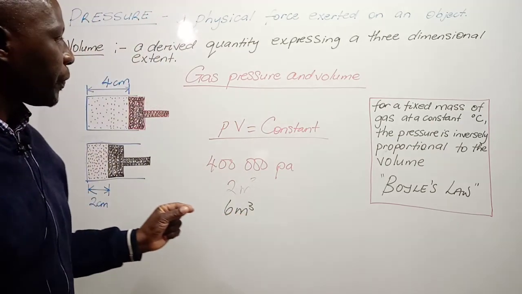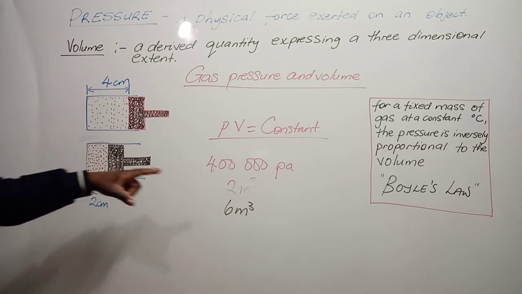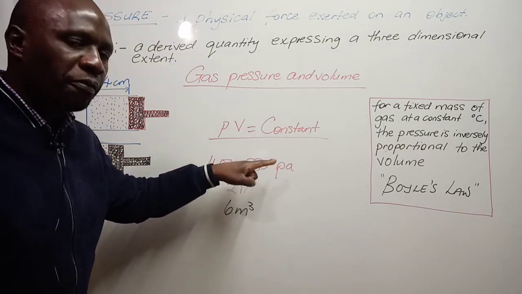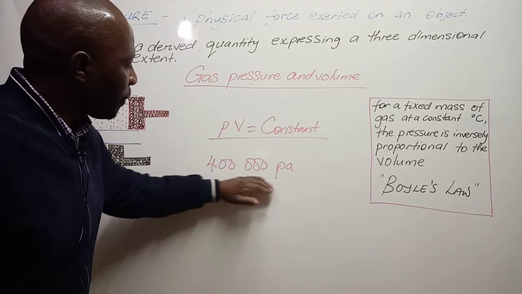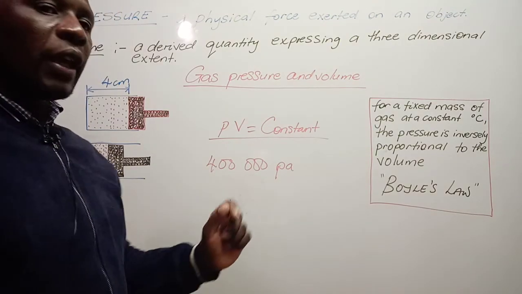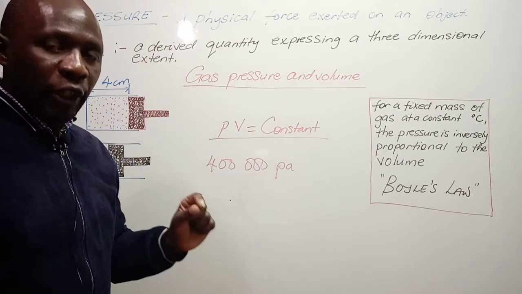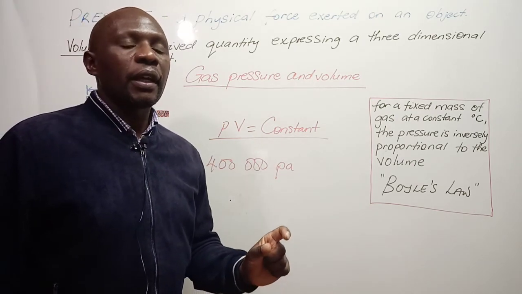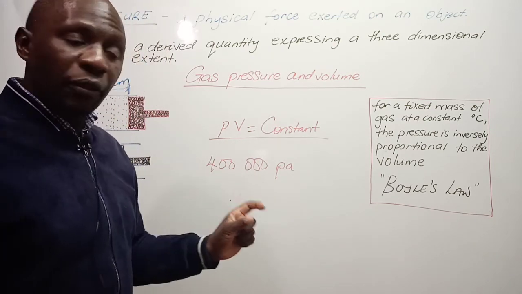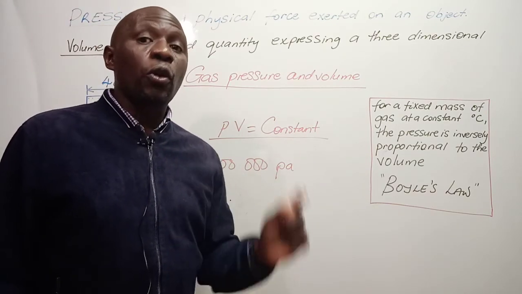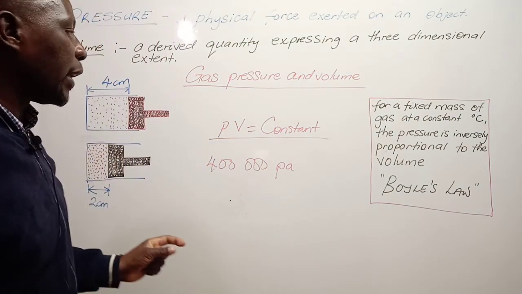For example, if you have been containing 400,000 pascals of pressure in a 3 cubic meters container, if you increase the container, you are going to decrease the pressure. So there are going to be fewer collisions of gas particles. Therefore, the temperature will also fall due to the fact that there are fewer collisions in the container.